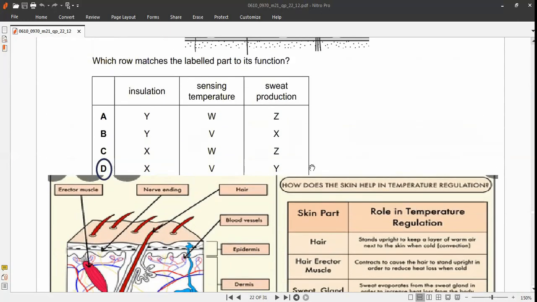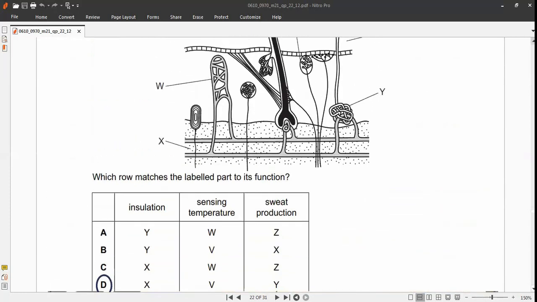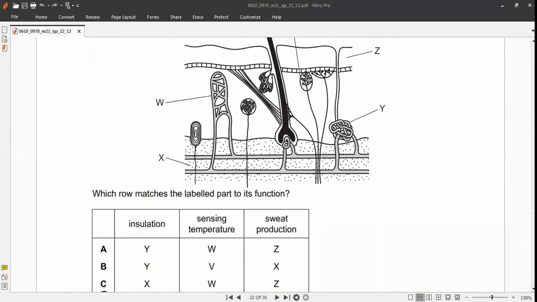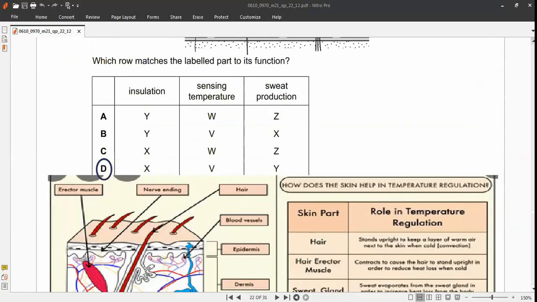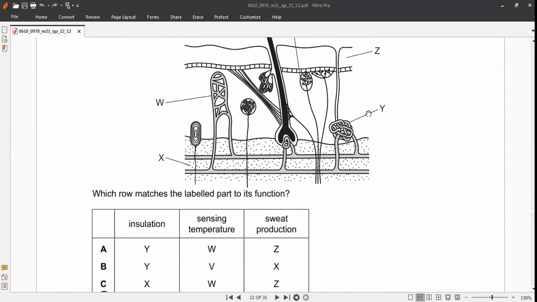So V, sensing temperature. What about Y? Y is the sweat gland. Sweat evaporates from the sweat gland to increase heat loss from the body when warm. So Y is for sweat production.